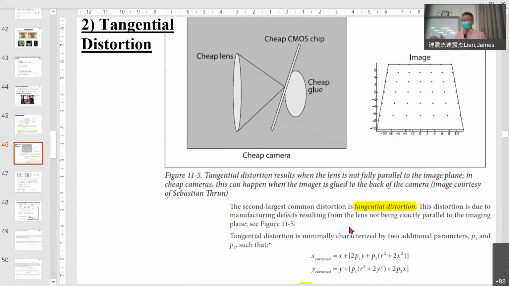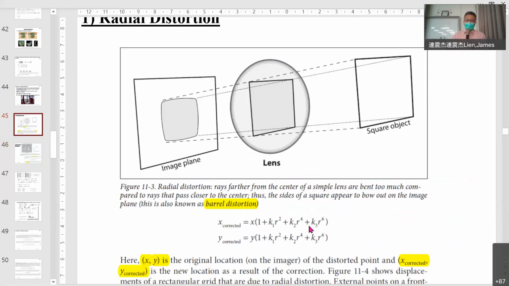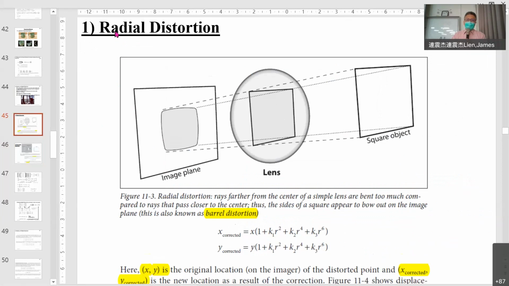I copied this from the OpenCV book, because so far I see that chapter of OpenCV as the best book talking about distortion. So we just try to solve P1 and P2. In total, there are 5 distortion parameters: 2 for the tangential distortion, and K1, K2, K3 for radial distortion.